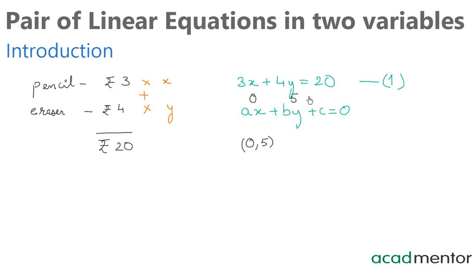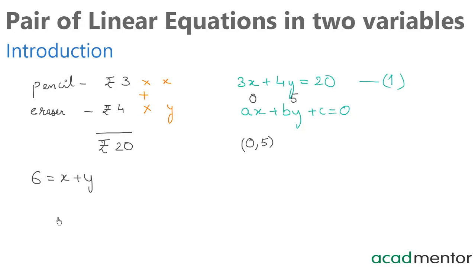Right then. But what if we had another situation to go along with this? What if your father had told you that you have to get exactly 6 pieces of stationery? That is, together, the number of pencils and erasers should be equal to 6. So that would give rise to another equation. What we are saying is that the number of pencils, that is x, plus the number of erasers, that is y, should be equal to 6.